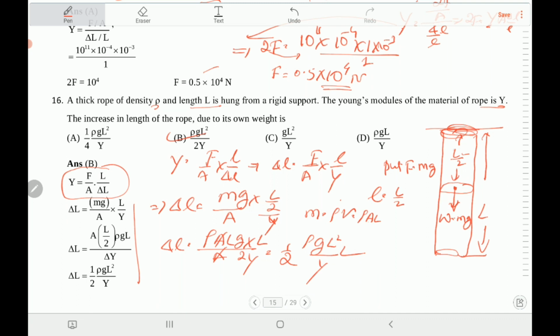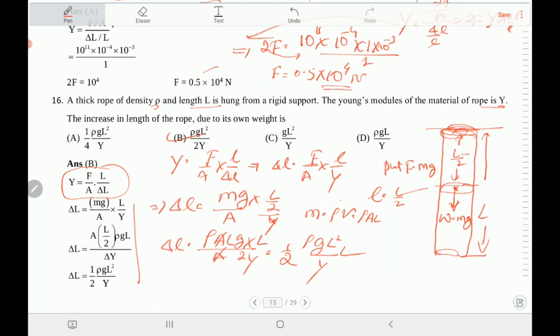So what extra do you understand? For a uniform cross-sectional wire of length L, weight acts exactly at the center of mass, the point where the entire mass is supposed to be concentrated, that is the center of the wire. So the extension takes place in this part. For L, you have to use L by 2. Weight acts at the center, upper portion is L by 2. That length you have to use.